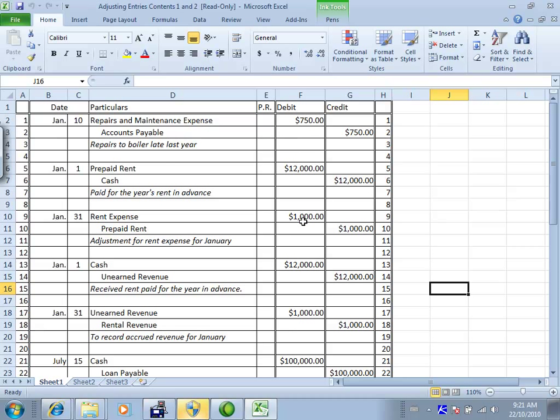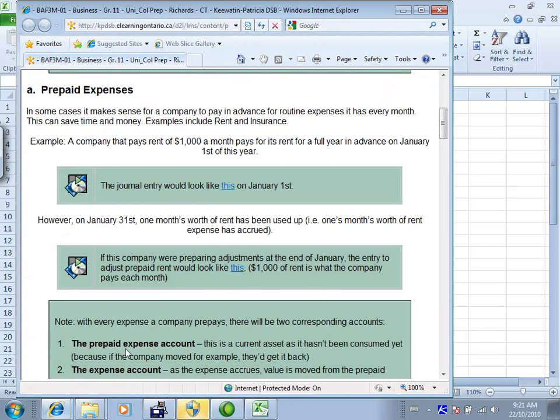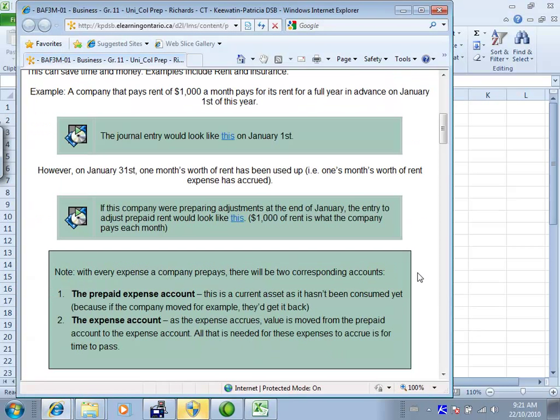So at the end of a year, you'd have accounted for $12,000 in rent expense. But you can't actually call it an expense until you've actually used it. So time simply has to pass through the 12 months in order to get $12,000 in rent expense. So that's an example of a prepaid expense.